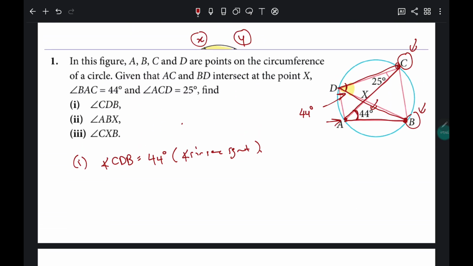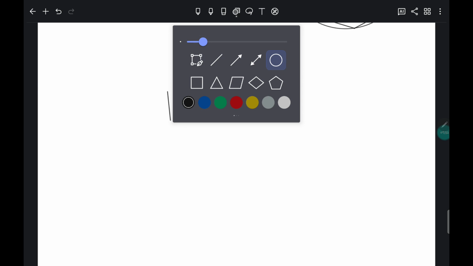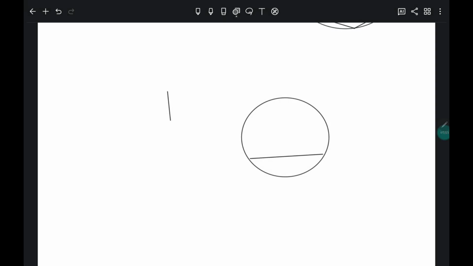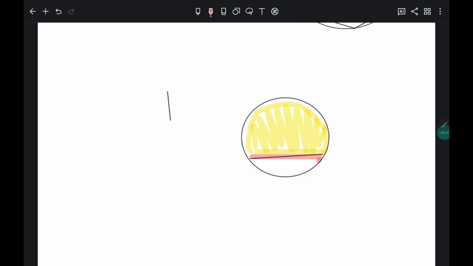What we did just now was, when we take a look at the diagram, they are in the same segment. Let me just draw quickly. Let me shade the region. We have the major segment over here, and then we have the minor segment over here.